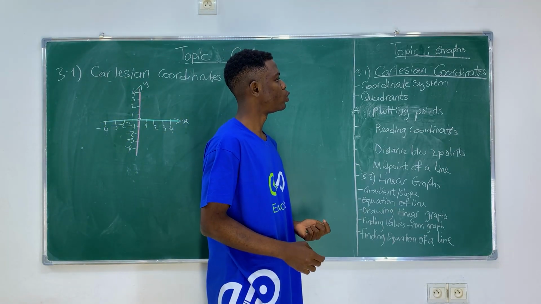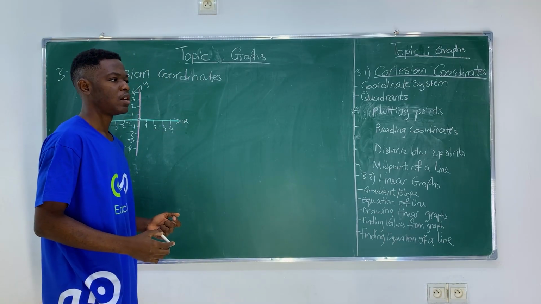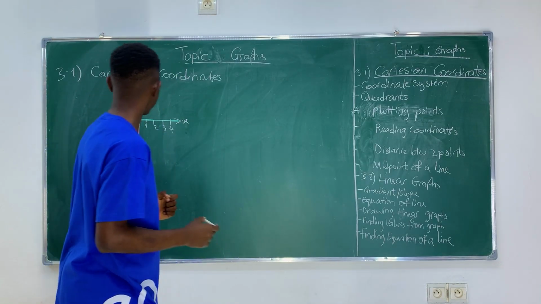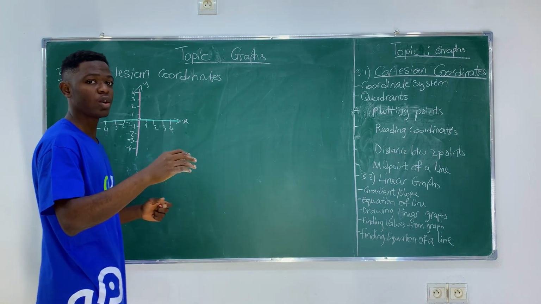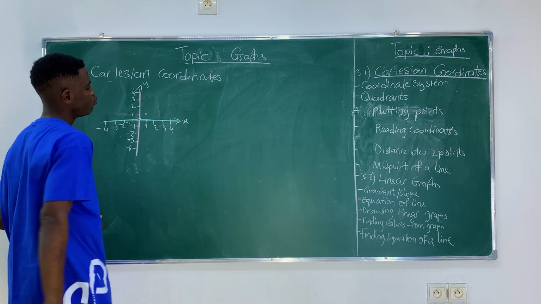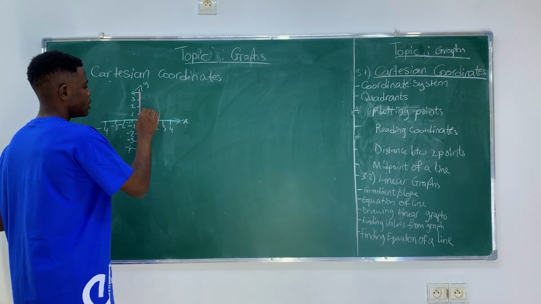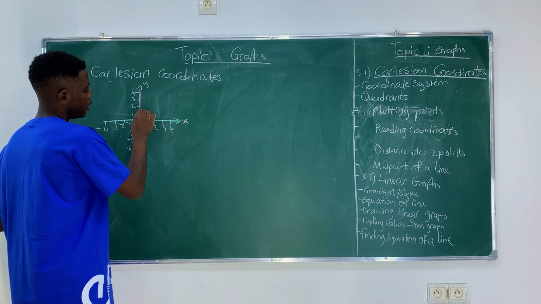So that is the coordinate system. Let's say you want to plot a point. Say you have a point here. This is a point on the graph. The representation is 1 and 1.